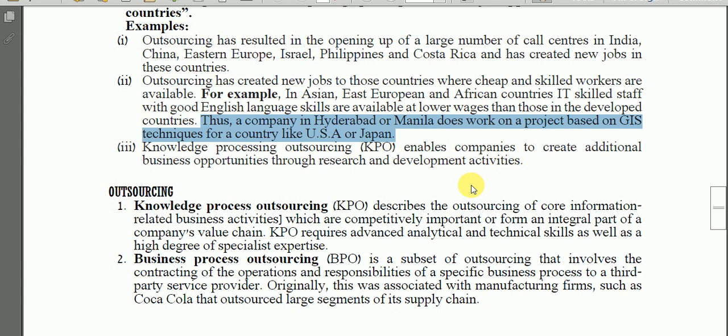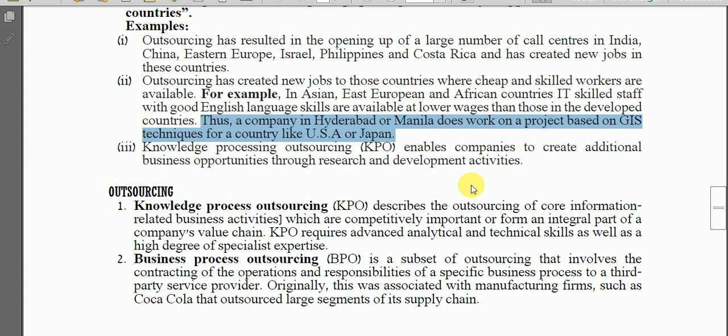That means Western European countries and American countries will outsource IT projects towards India or other Asian countries, because here the wage is comparatively lower as compared with their countries.